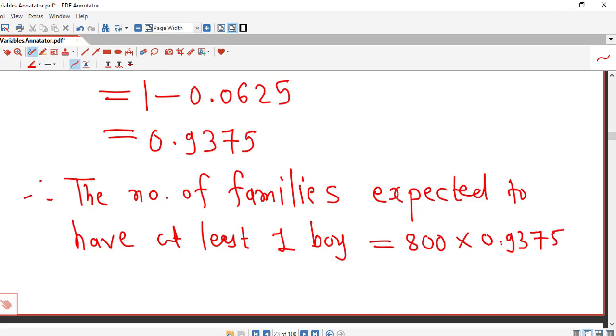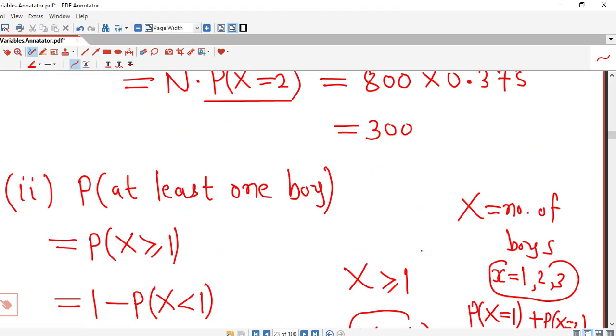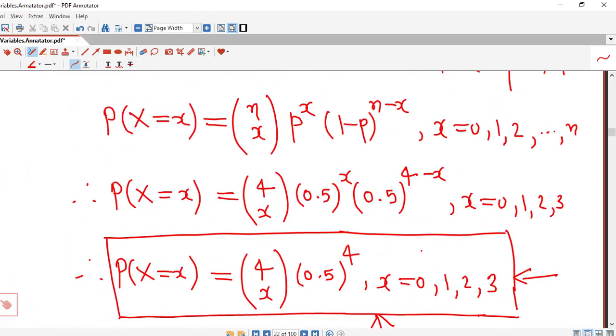If you multiply these two, we arrive at 750. So out of 800 families, the number of families expected to have at least one boy is 750 families.